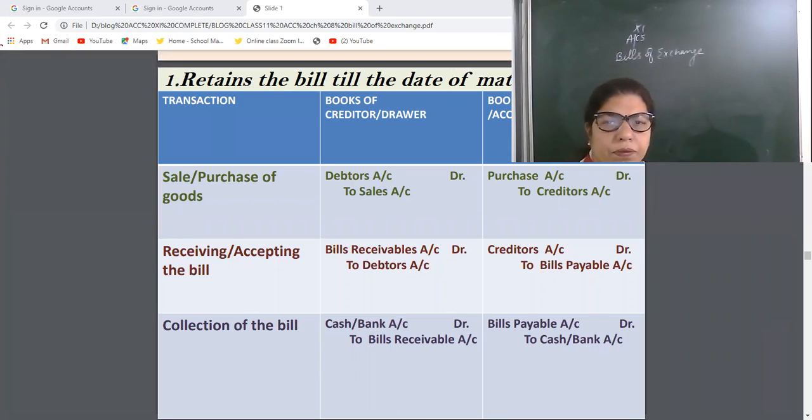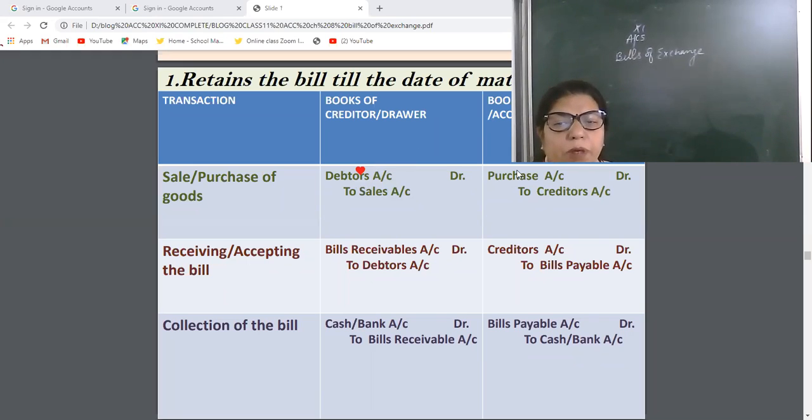See, first, the sale and purchase of goods transaction: debtors to sales. In place of debtors, you will write the name of the drawee, who is known as the acceptor, and the narration, goods sold. Simple, goods sold, because that entry is related to sales.